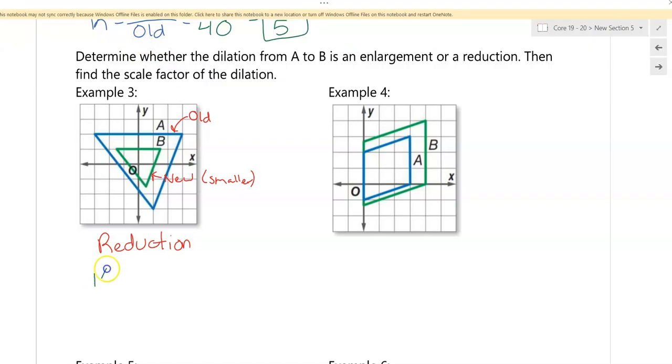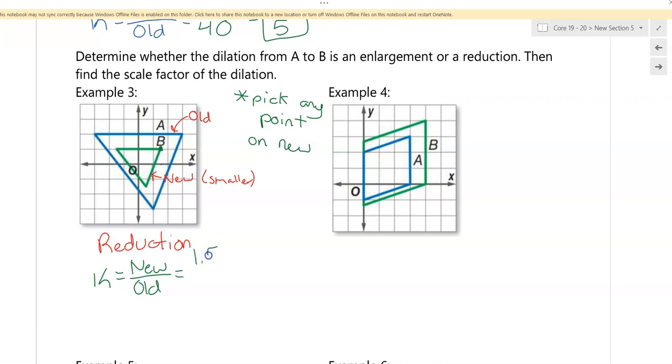So then I do my scale factor, which is new over old. I just pick any point. So let's pick this one. That's 1, and then it goes about halfway through.